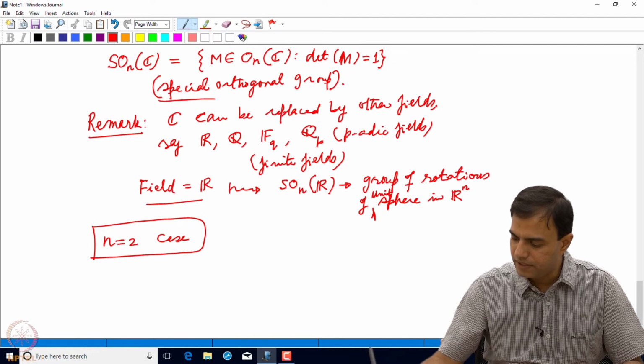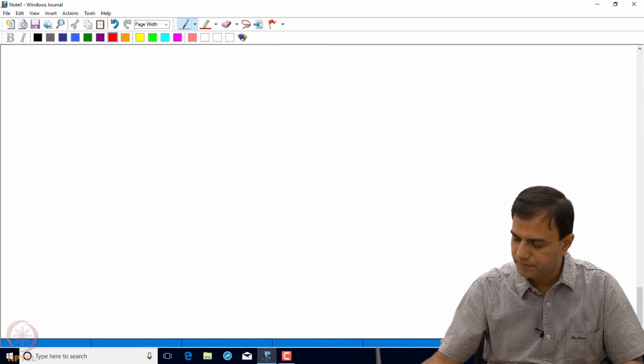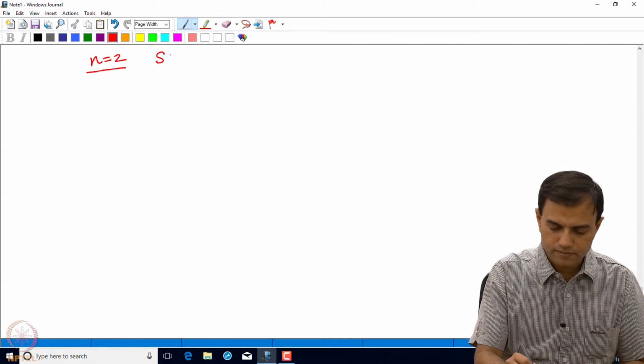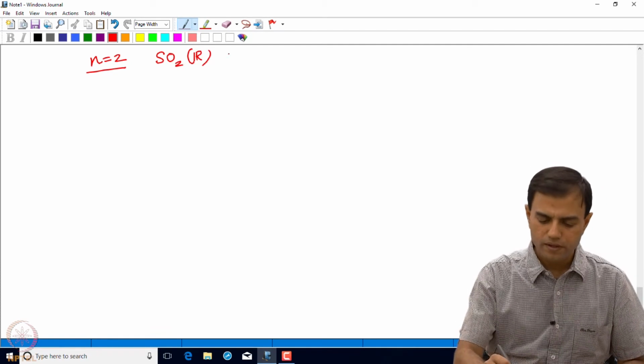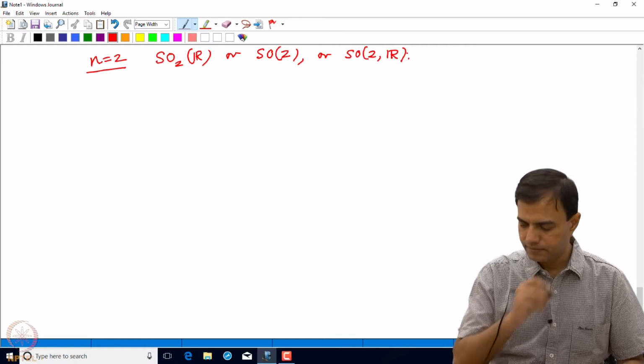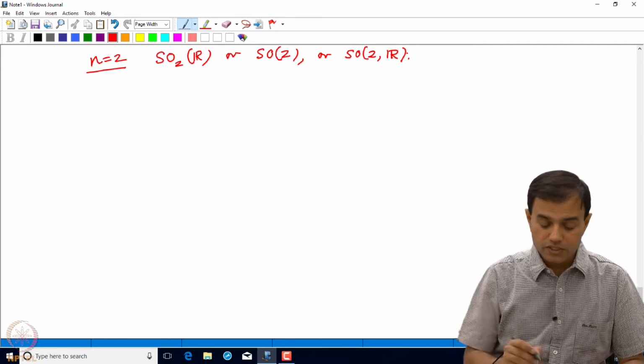So what's the condition there? SO2(R), or another notation is simply SO2, or SO2,R. So what's the condition?